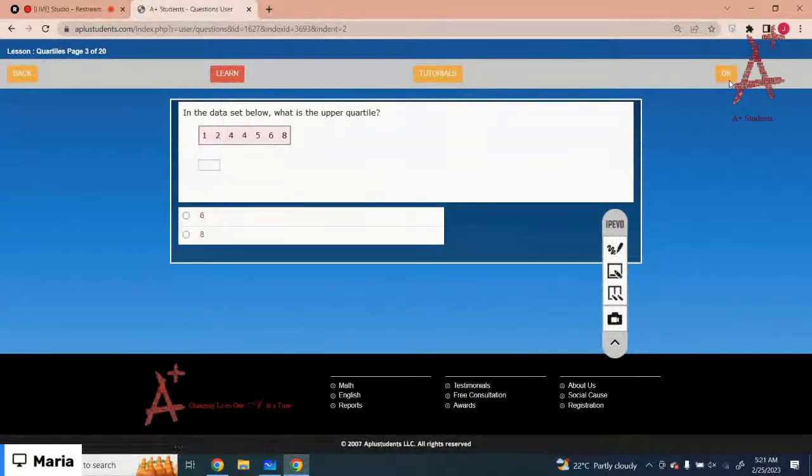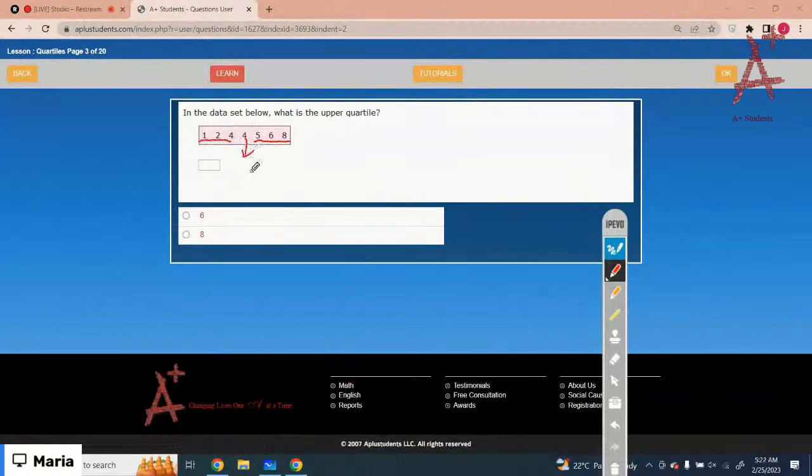Okay, in the data set below, what is the upper quartile? Let's divide the data into two halves. 1, 2, 3, 4, 5, 6, 7.